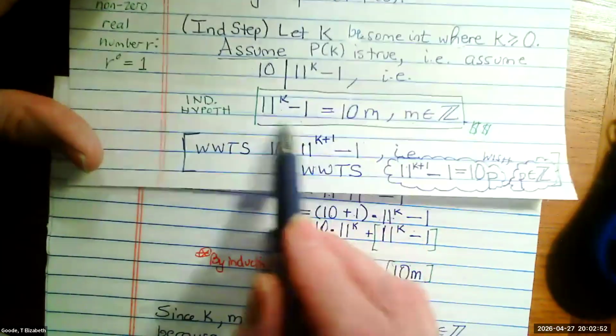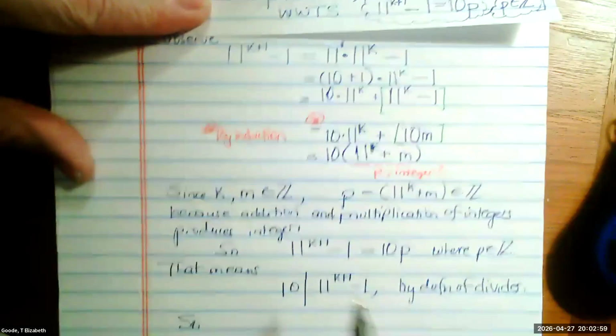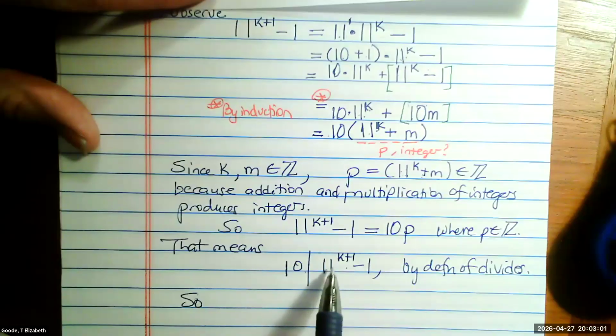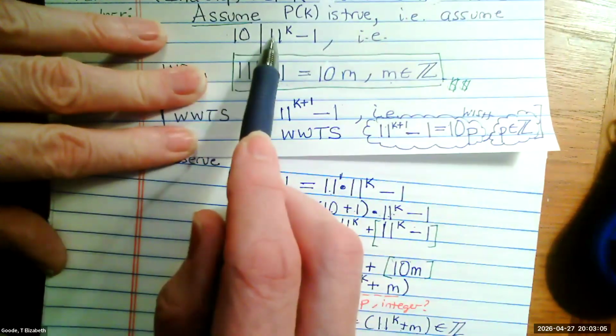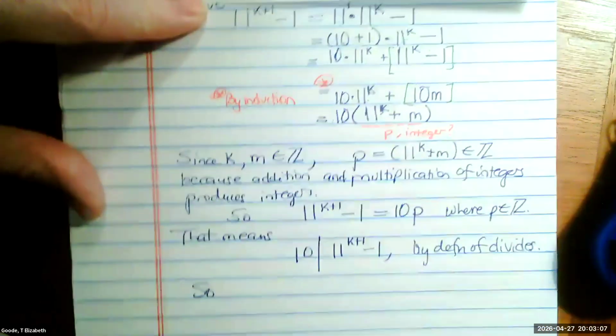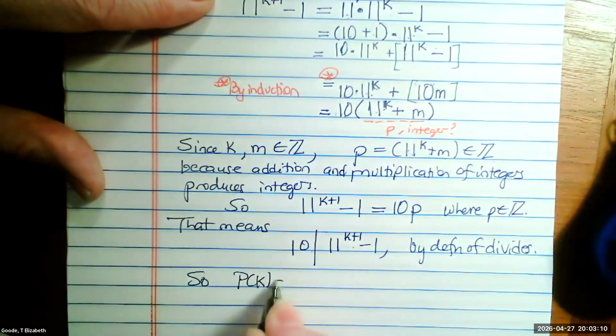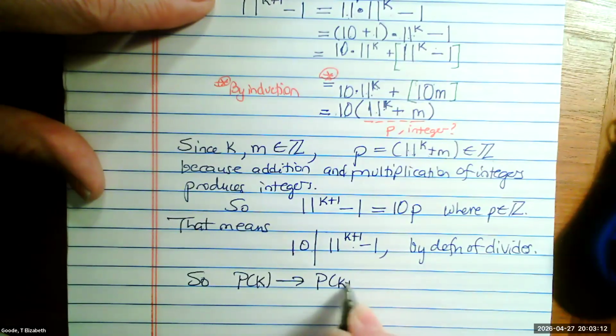Remember, we assumed p of k. From that, we prove p of k plus 1. We prove that 10 actually divides 11 to the k plus 1 minus 1 after assuming that 10 divides 11 to the k minus 1. So p of k does imply p of k plus 1.